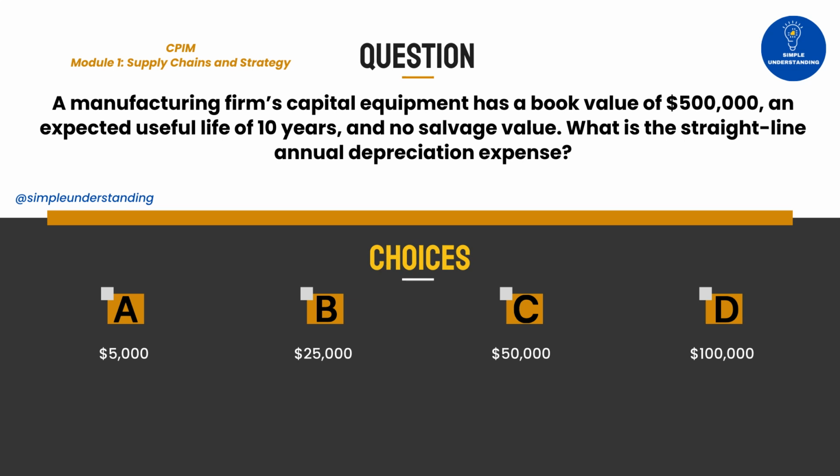Question 8. A manufacturing firm's capital equipment has a book value of $500,000, an expected useful life of 10 years, and no salvage value. What is the straight-line annual depreciation expense? A. $5,000. B. $25,000. C. $50,000. D. $100,000.